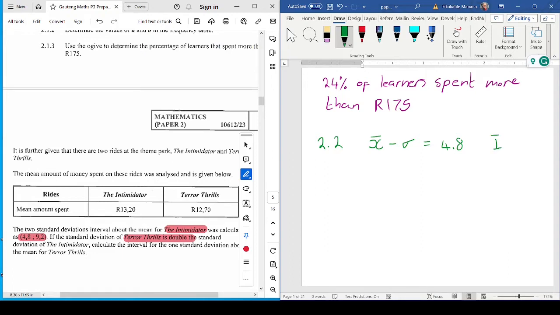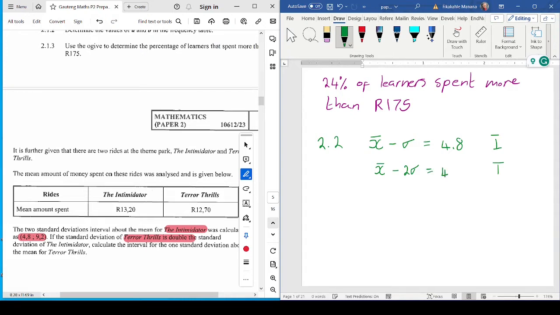Now let's talk about the Terra Trails, which I'll call T. For the Terra Trails, we are told that the standard deviation of the Terra Trails is double the standard deviation of the Intimidator. So the mean minus double the standard deviation, so it's 2 times the standard deviation. This is for the Terra Trails.